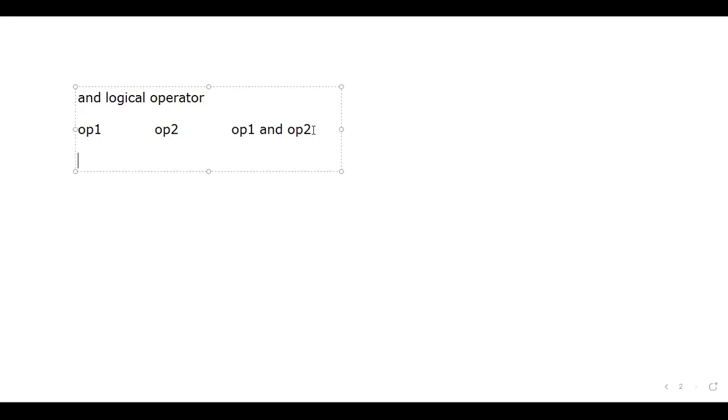We take two operands with combinations: both false, false and true, true and false, and both true.